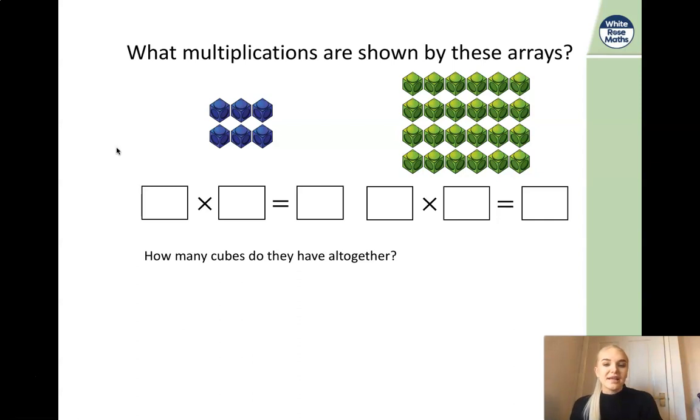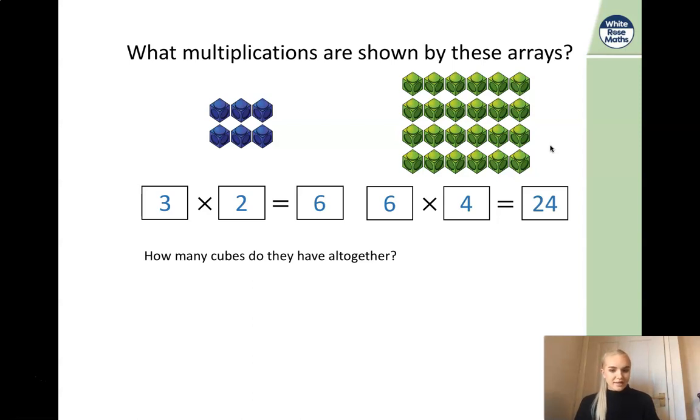Okay, well we can see that the first array is showing a row of 3 followed by a column of 2. So it will be 3 multiplied by 2, and the answer altogether for that array is 6. In the green array, we can see that there are 6 cubes in my row and 4 cubes in my column. So that means our multiplication would be 6 multiplied by 4, giving us 24 cubes altogether.